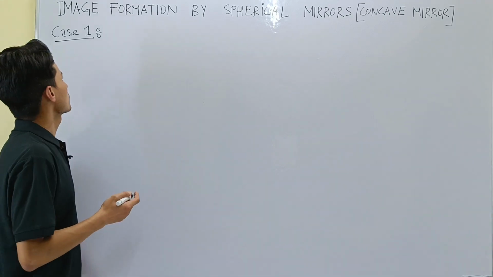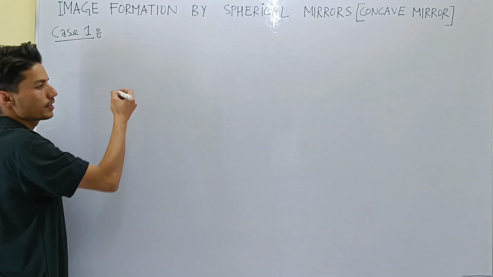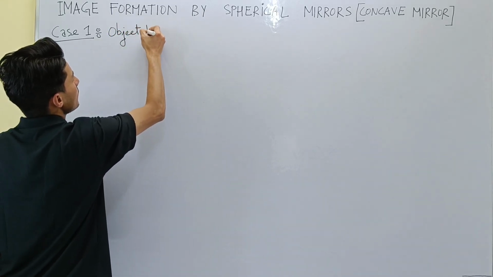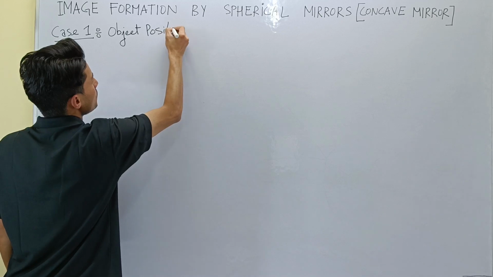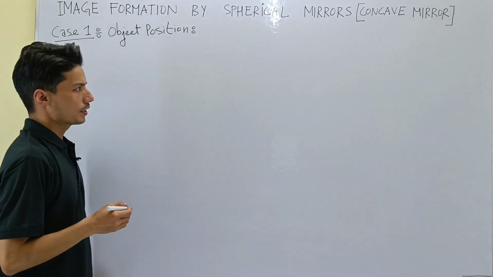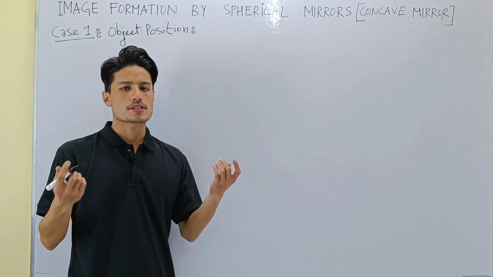So for case 1 you write object position. In case 1 for the concave mirror, where is the object?